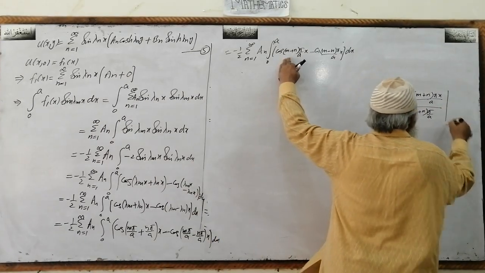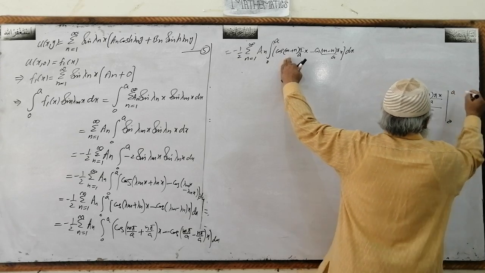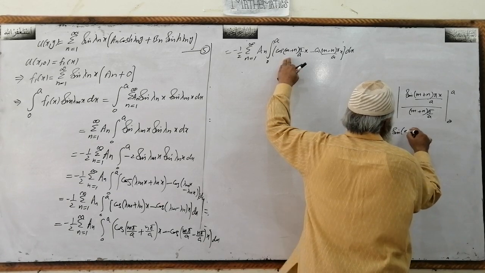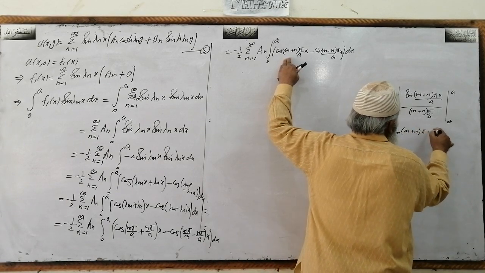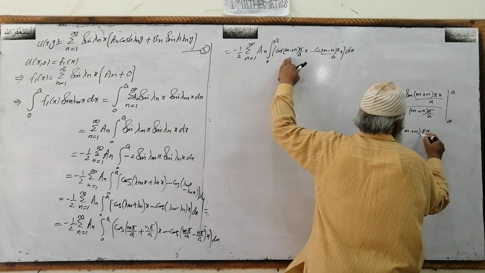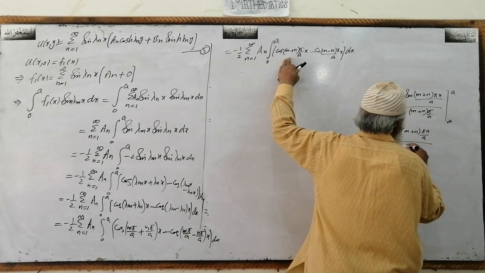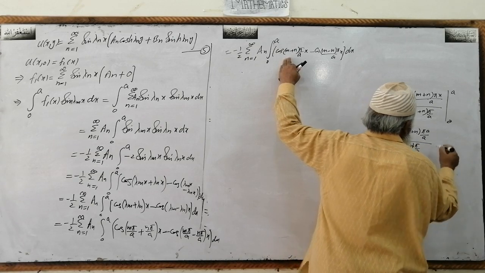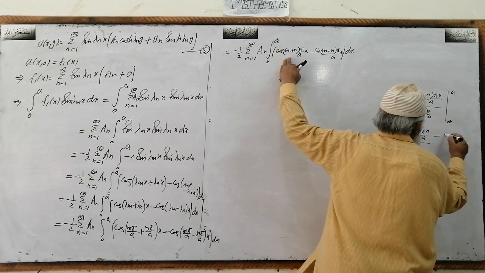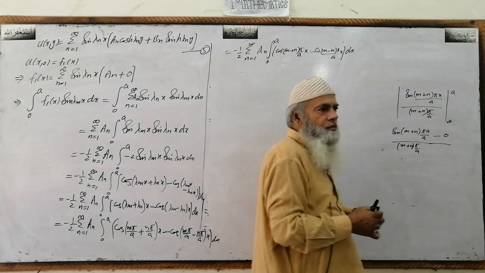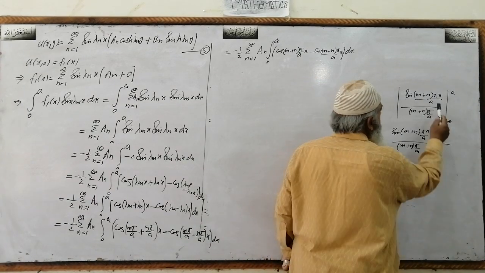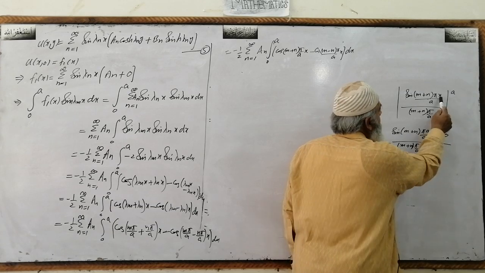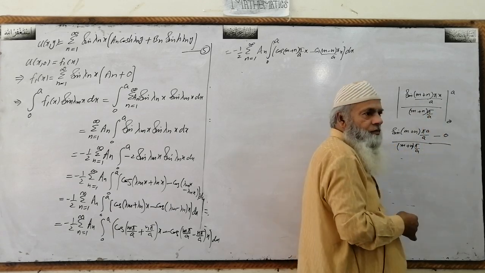And when you apply the limits 0 to a, when you apply the upper limit, this will become sin (m plus n) pi a over a, divided by (m plus n) into pi over a. And when you apply the lower limit, this will become 0. Why? When you apply the upper limit in place of x, you will get this answer. When you apply x is equal to 0, sin 0 is equal to 0.